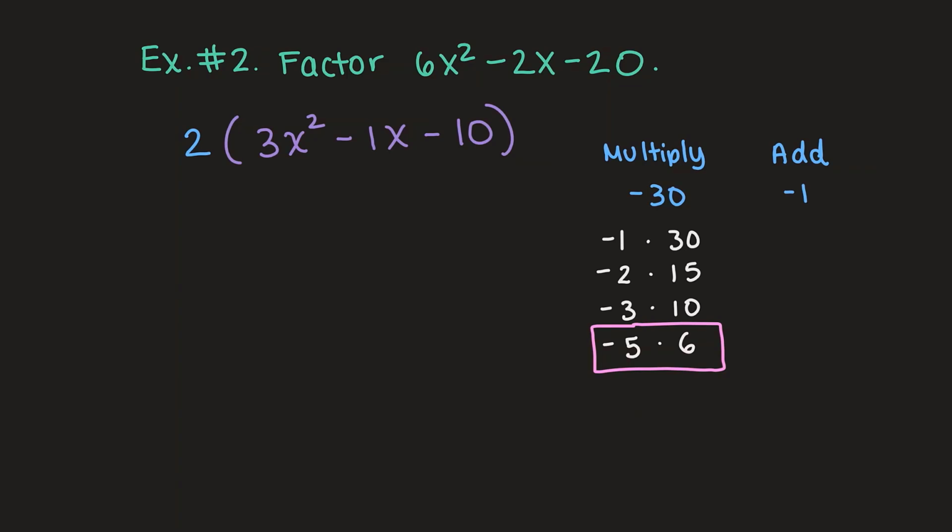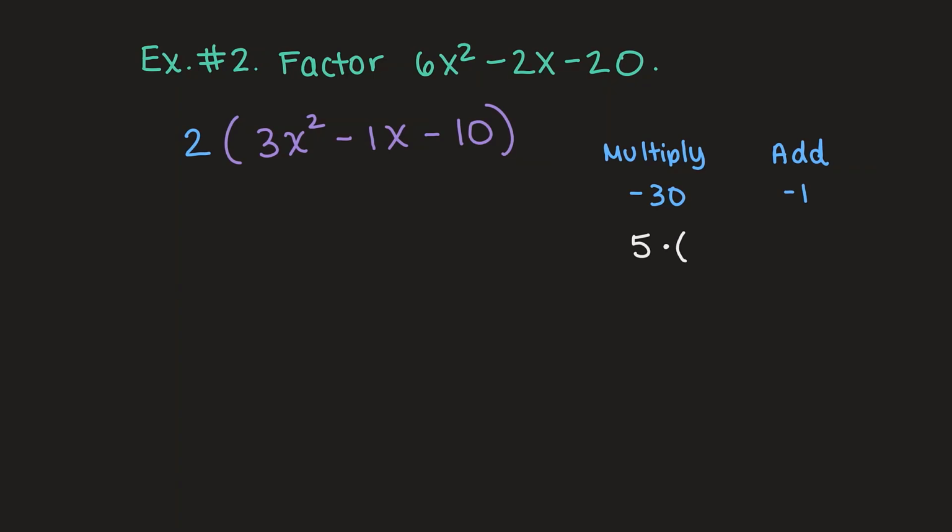We just need to adjust the signs. So we adjust it to positive 5 and negative 6. Now if we multiply this, it gives us negative 30. And if we add this, this gives us negative 1. Therefore, these are the two numbers that we will use to break up the middle term, negative 1x.